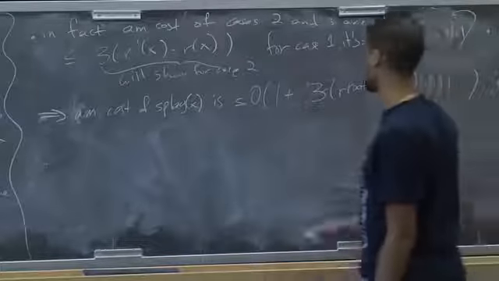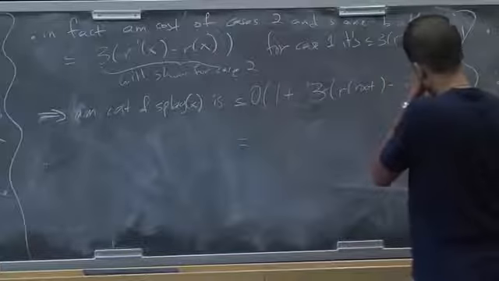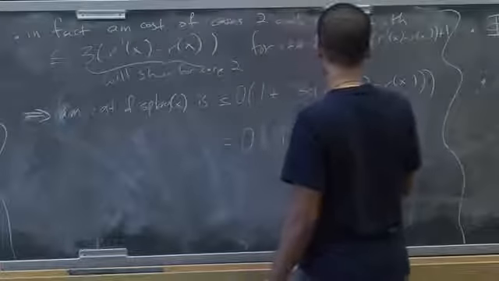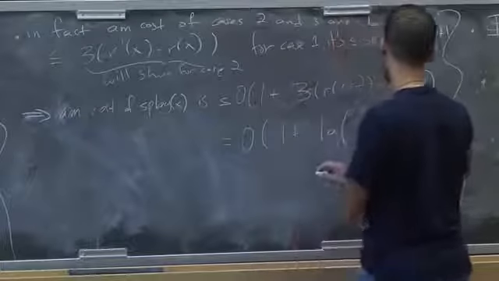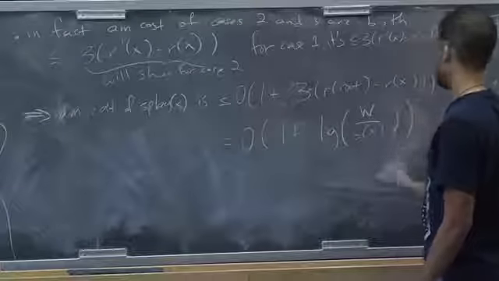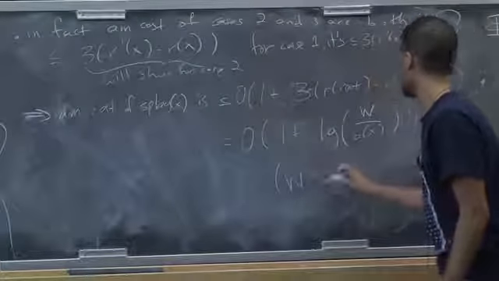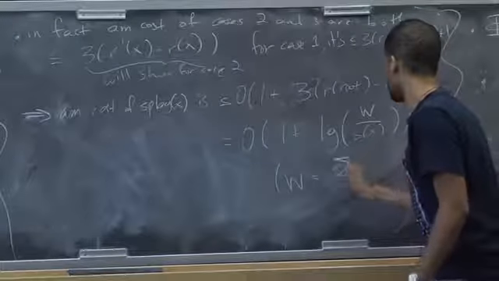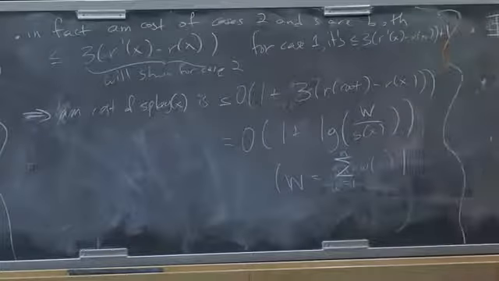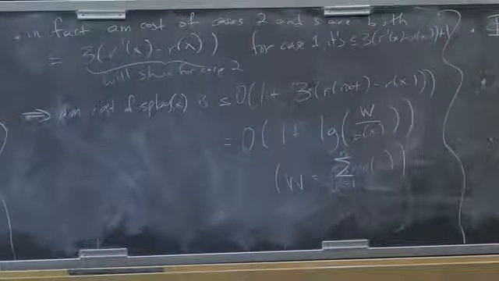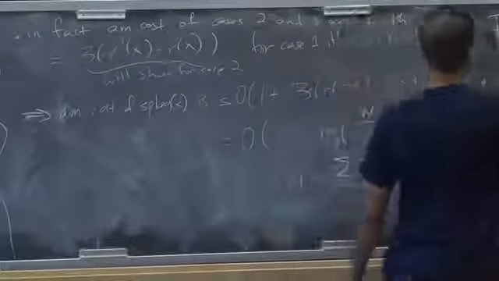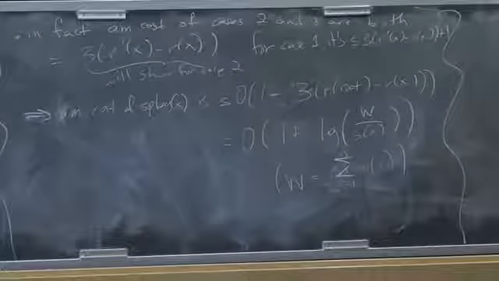That's going to be at most O of 1 plus log of W over s of x. W is the sum over all weights. S of the root is just the sum of everything. Okay, so now let's actually show this for case 2.